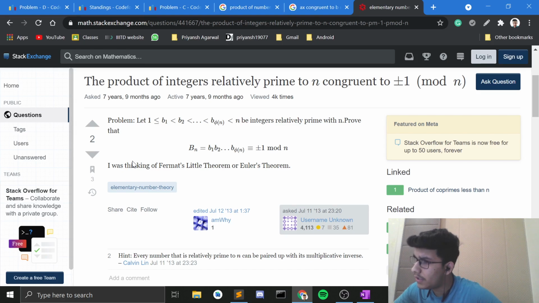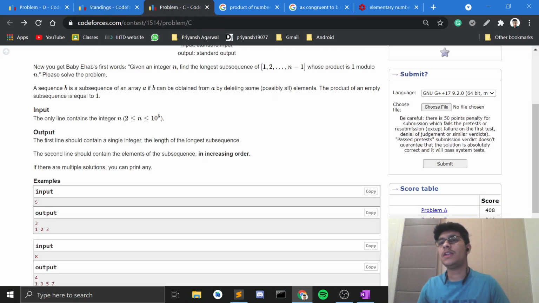If you consider 8 here, then you have 1, 3, 5, 7. Okay, fine. What if you have 6 here? Then you have 1 and 5. Oh, this is actually true. So you can just remove one of the numbers. Oh, this becomes really standard then.